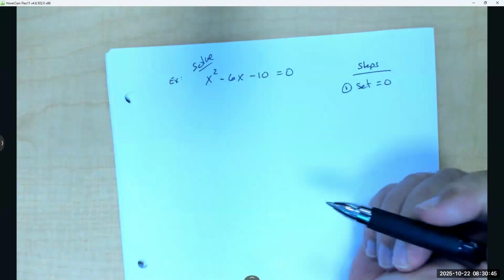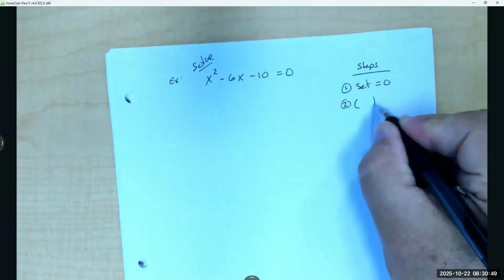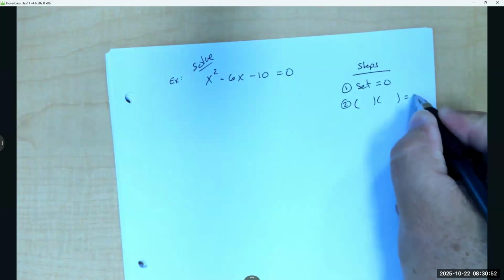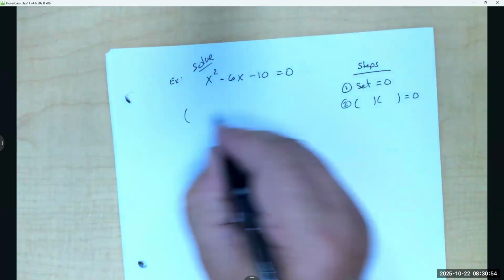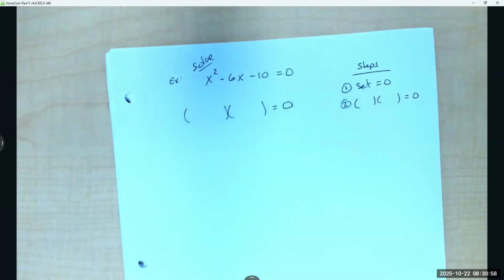Check. Put your 2 parentheses down, because the only way we can solve this is by factoring it.